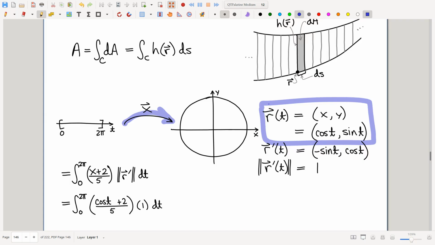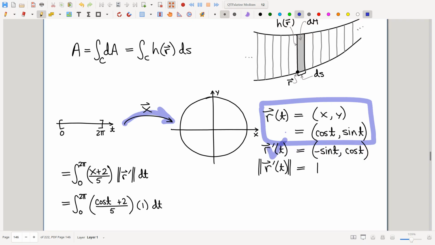Now, you won't always have a pre-memorized parameterization for your curve, but we spent a bunch of time back in chapter 1, really early in the course, talking about how to parameterize things and different methods for doing so. So this is where all that stuff becomes really useful and important. So anyway, there's the parameterization for that curve.